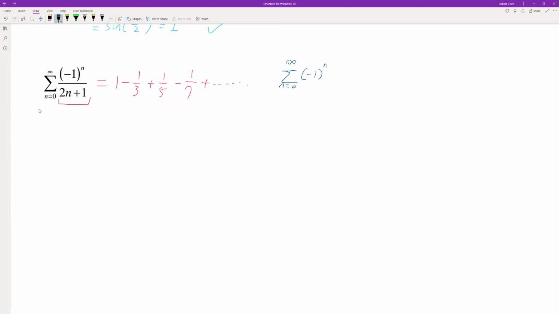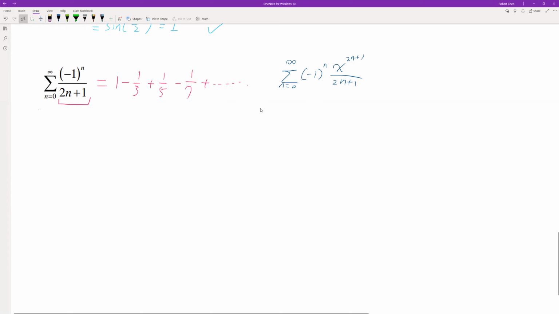Negative 1 to the n, x to the power of 2n plus 1 over 2n plus 1. All right, so this power series looks like this, right? Except we don't have the x to the power of 2n plus 1, right? So another way to say this is if we pick x to be 1, then we will have the series in pink, right?